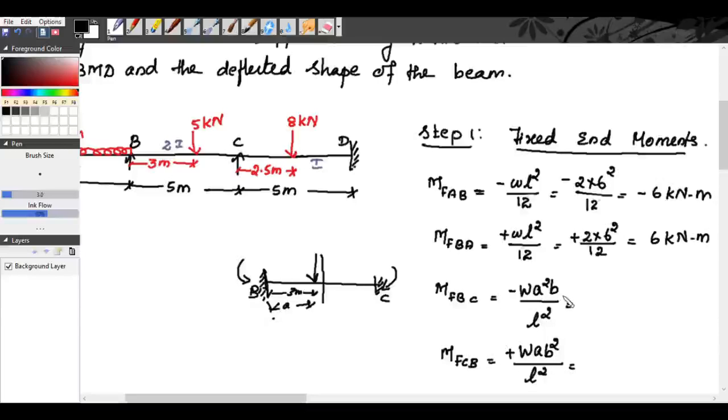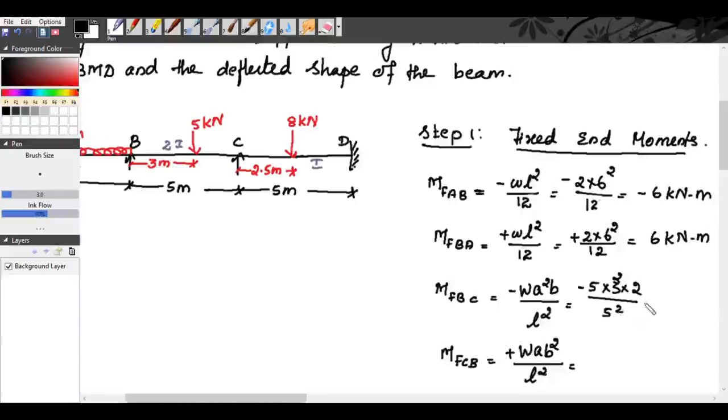So by substituting the values we get minus W, given here as 5, so 5 into a is 3 meter, b is 2 meter, so totally 5 meter for the span BC. So 3 square multiplied by 2 divided by length 5, 5 square. We get M of BC as minus 2.4 kilonewton meter.